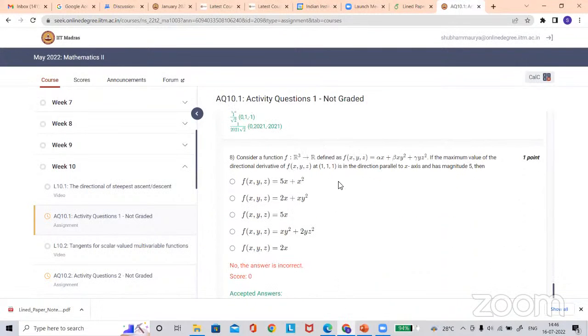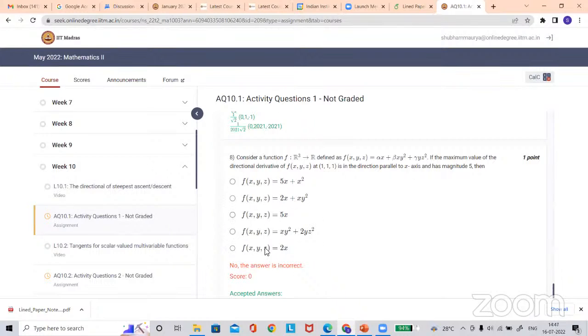And for the eighth question, you have to go with each function. Which function gives the directional derivative 5? It is given the direction at that point 1, 1 in the direction parallel to the x-axis has magnitude 5. Which function is going to give this?